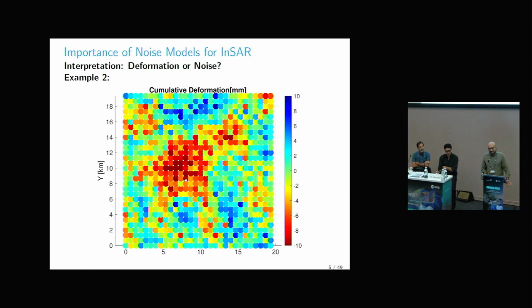Or in space, I have one simulated interferogram here, but you see in the center something around 10 or a little bit more than 10 millimeter subsiding. Is this noise or is this signal? We need a noise model if we want to make these kinds of decisions, especially when we go to localized deformation and these localized applications.